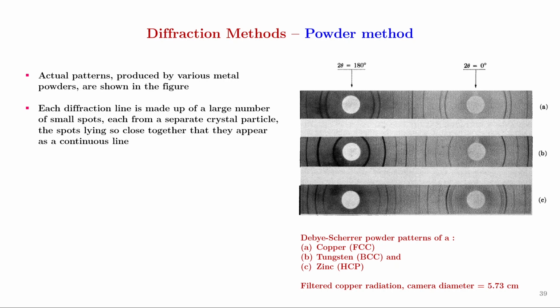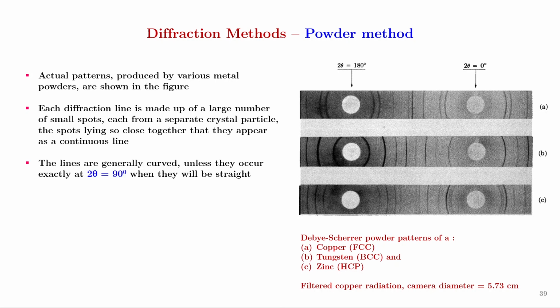Each diffraction line is made up of a large number of small spots, each from a separate crystal particle, the spots lying so close together that they appear as a continuous line. The lines are generally curved unless they occur exactly at 2 theta equal to 90 degree, when they will be straight.